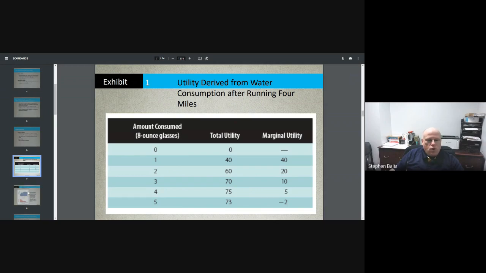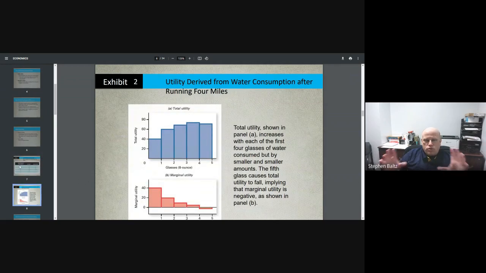All right. So if we take all those numbers from the table and plug them into a bar graph, this is what it would look like. So we have total utility on the top here. This is Exhibit 2 in your book, also in the PowerPoint slides.